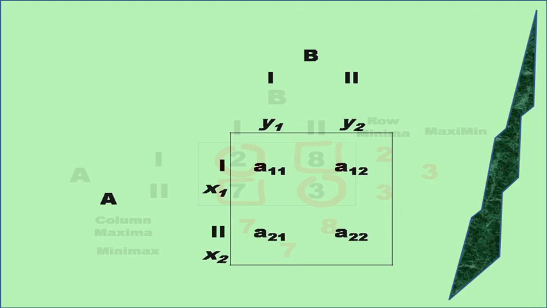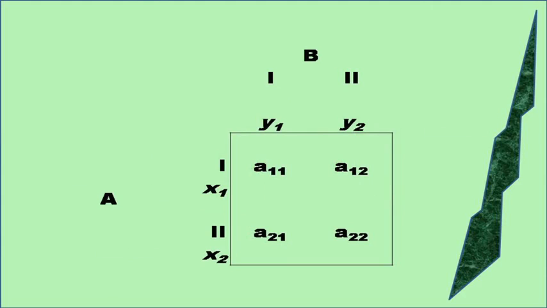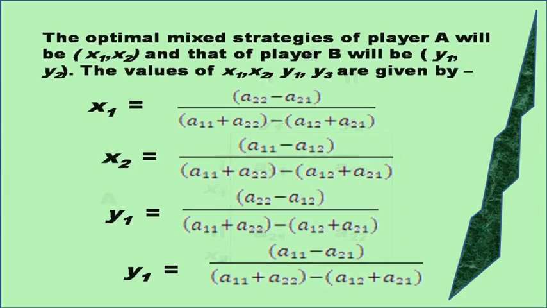Comparing this matrix with a11, a12, a21 and a22, we can find the rules of optimal mixed strategy, that is the value of x1, x2, y1 and y2.